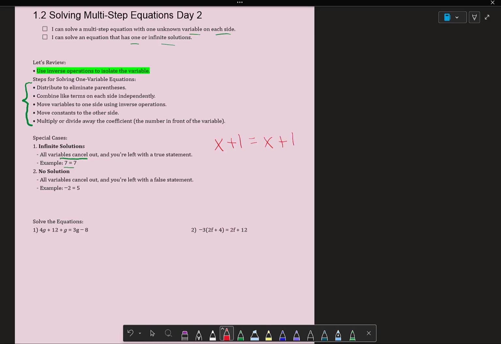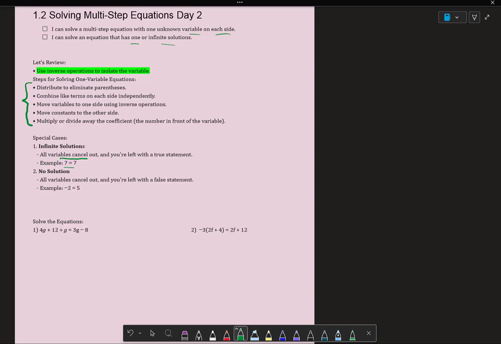Well, the left side and the right side of this equation are exactly the same. If we subtracted x from both sides, the x's would cancel and we'd be left with positive 1 equals positive 1, which of course is true. So that is an example of infinite solutions, when the variables cancel out and you're left with a true statement.